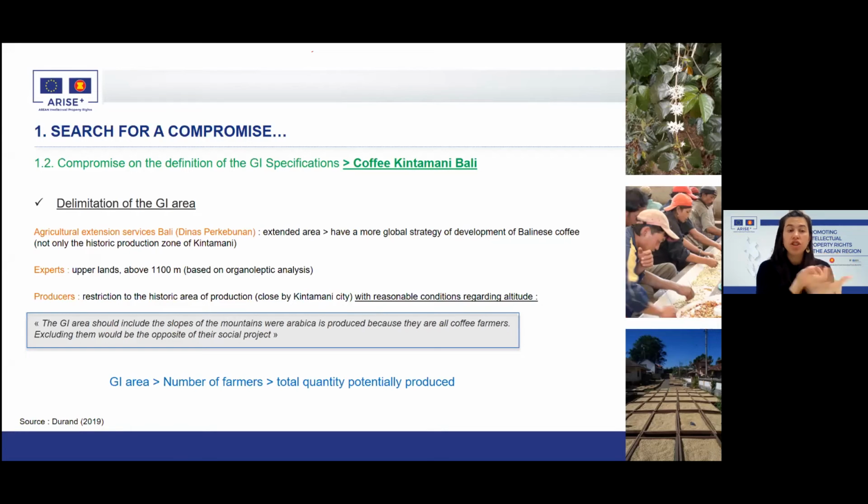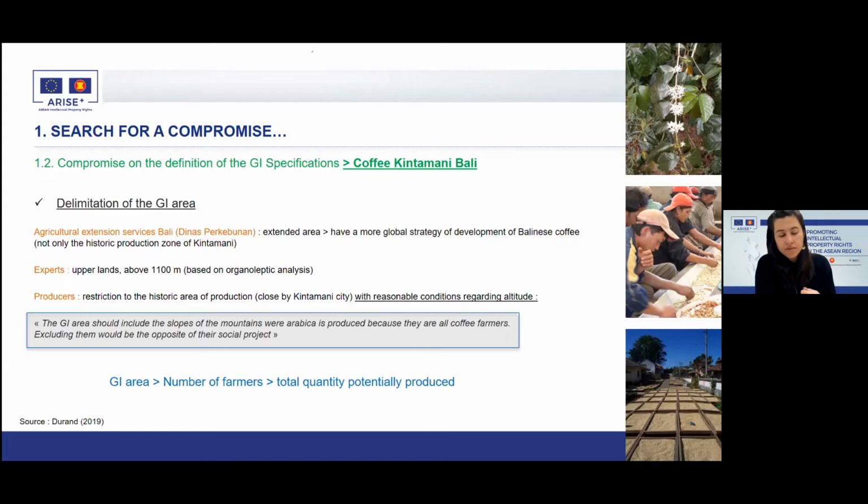They said the GI area should include also the slopes of the mountains, so the lower lands, where Arabica is produced, because they are all coffee farmers, and excluding them would be the opposite of their social project. So it was not easy to reconcile all these logics.